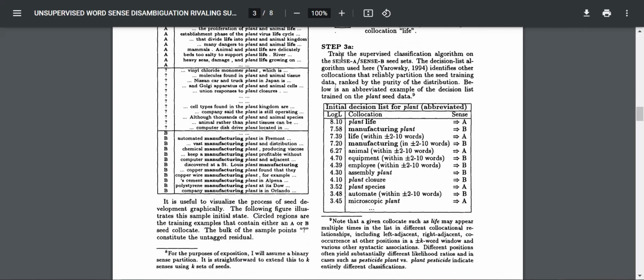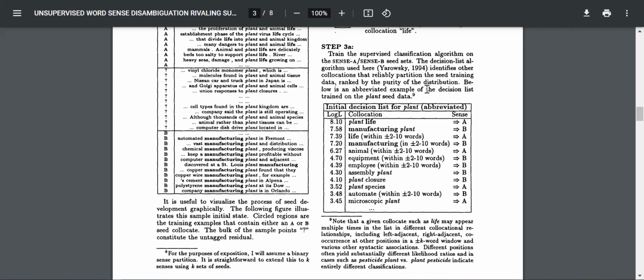So now step 3A, train the supervised classification algorithm on the seed sets for each sense. So basically either these or these, sense A or sense B. The decision list algorithm used here is the one from Yarowsky 1994, which identifies other collocations that reliably partition the seed training data, ranked by the purity of the distribution.